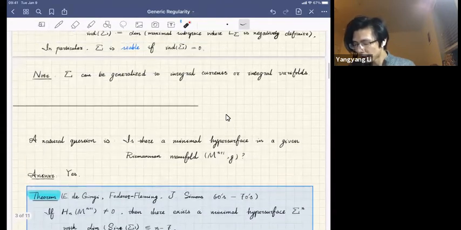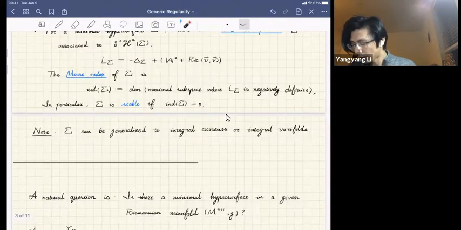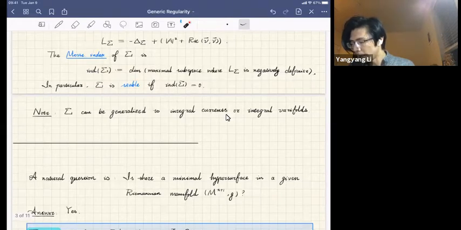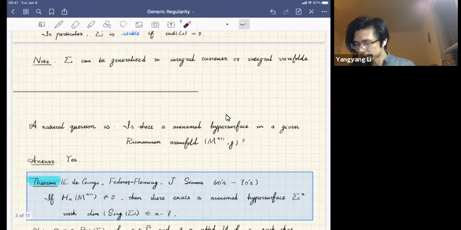And a natural question is whether we can find a minimal hypersurface in a given Riemannian manifold. And the answer is yes. So let's take a look at the first one.